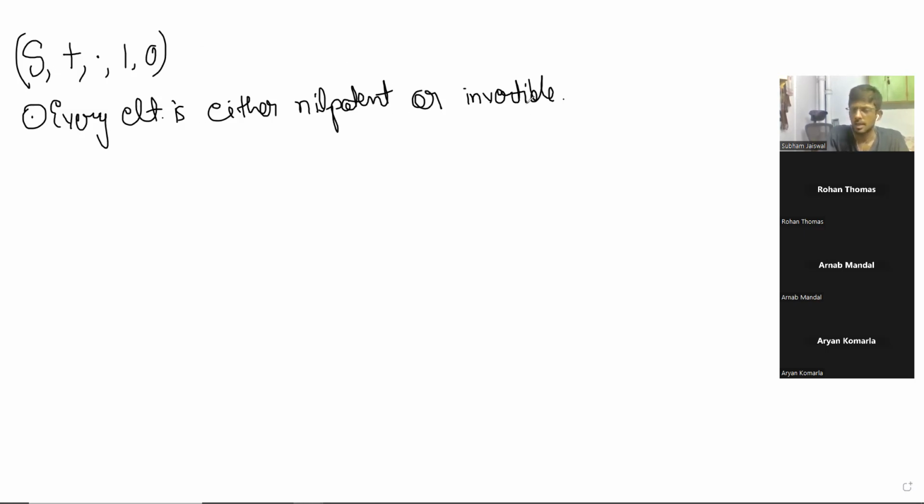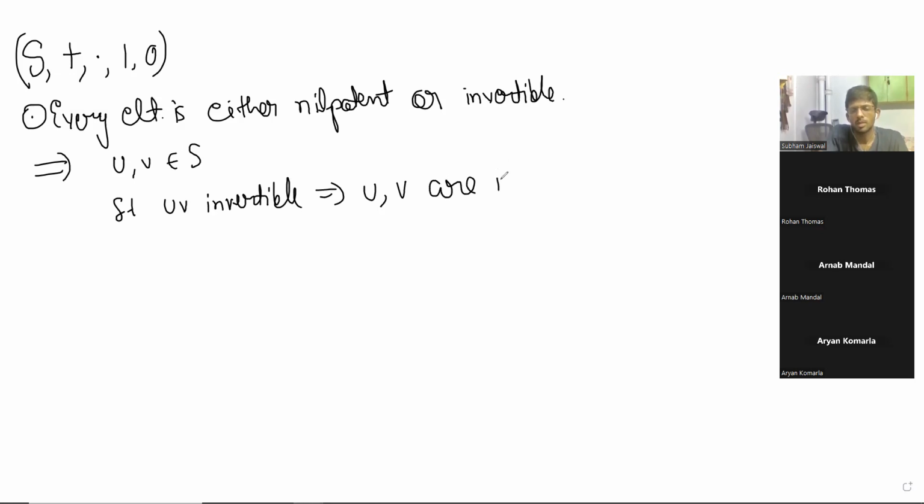But this is a condition. And then we showed that this implies that if U and V in S are such that UV is invertible, then U and V are invertible.